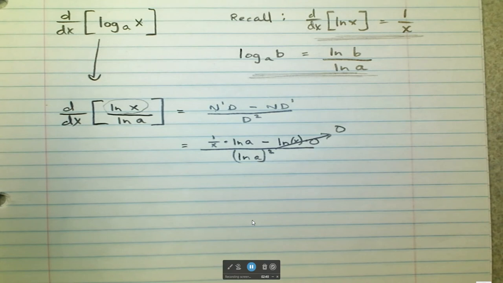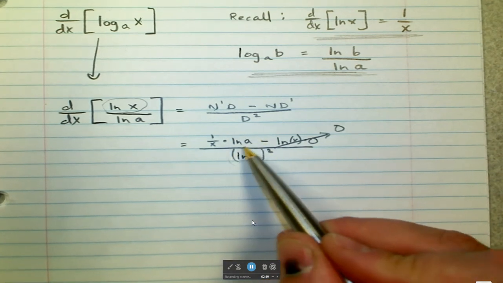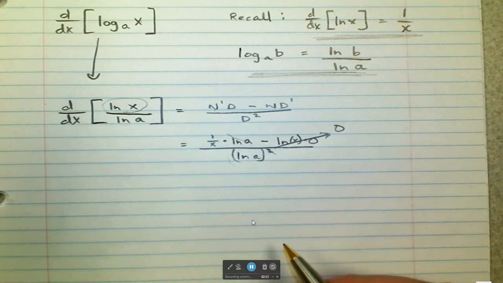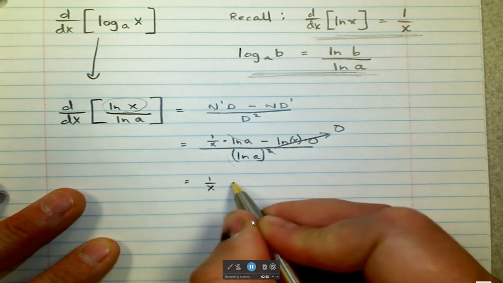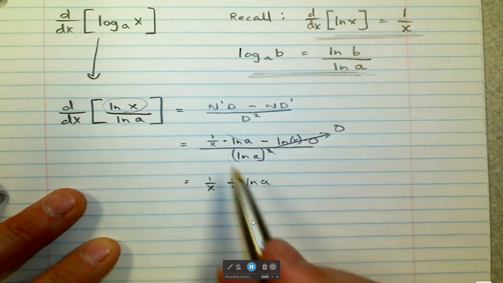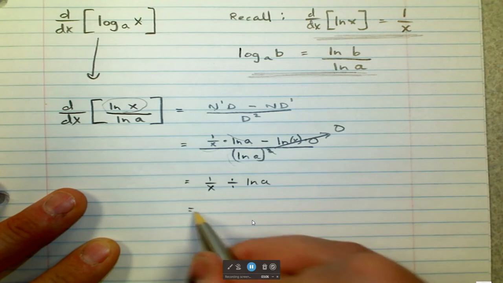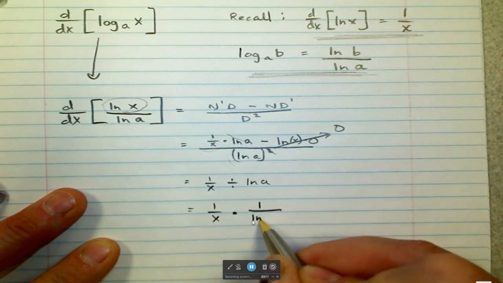Cool. Now what? Well, we have a couple of options. My simple way of looking at this is I have natural log of a in the numerator, I have natural log of a in the denominator, so what's going to happen? One of those will cancel with one of those. What am I left with? I'm left with 1 over x divided by the natural log of a, which is 1 over x times 1 over natural log of a.